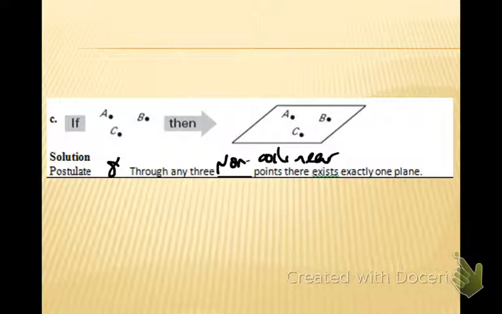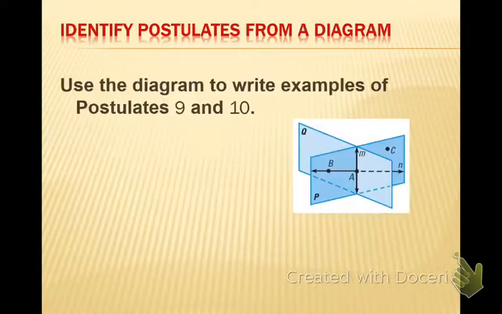Why is that important? Why is non-collinear important? If we chose 3 collinear points. All right, good. Another way to look at this. Use the diagram here.